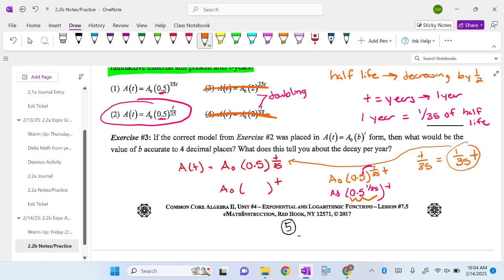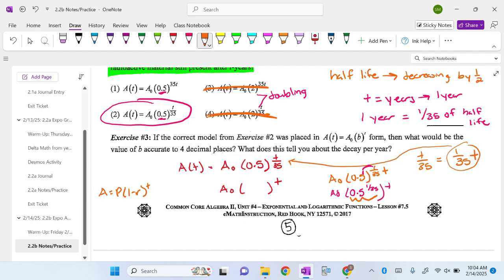Because remember, exponential decay is A equals P times 1 minus r raised to the t power. We're trying to figure out, one, what our rate of decay is, but two, what percentage we're actually decaying by.